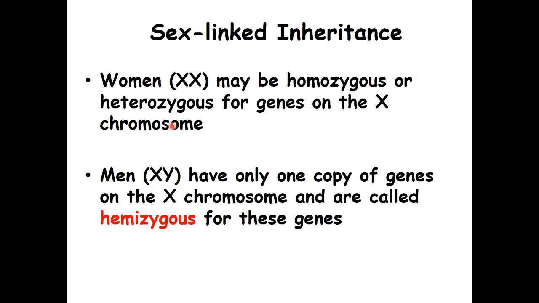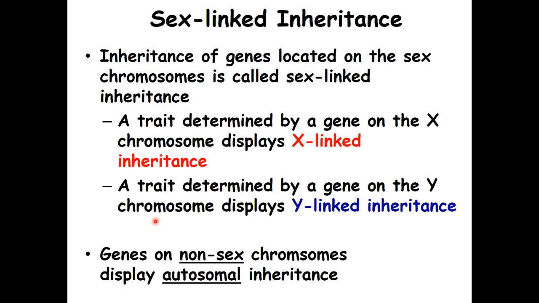Make sense? Men, on the other hand, only have one X because it's XY. So for any genes that are carried on the X chromosome, they are called hemizygous. Hemi means half. They only have one. That's why it's hemizygous. They cannot be heterozygous. They cannot be homozygous. They can only be hemizygous.